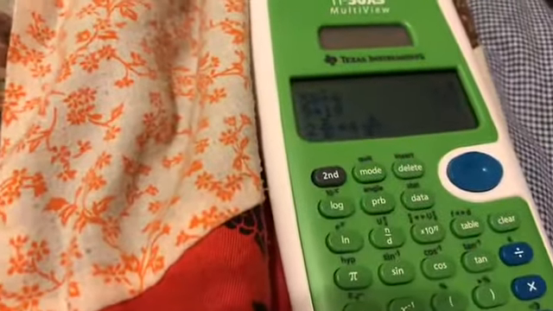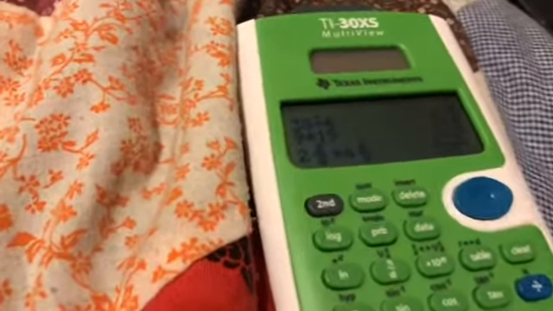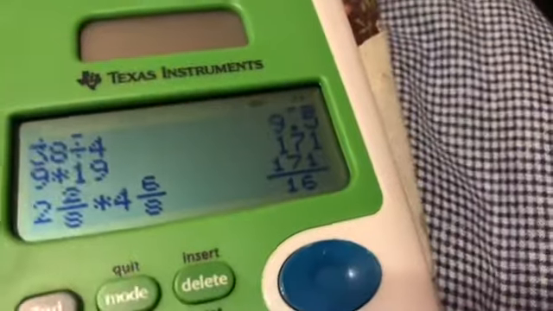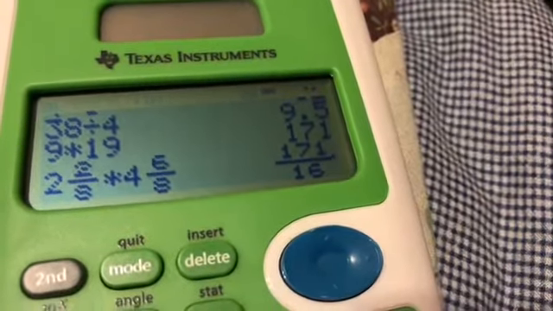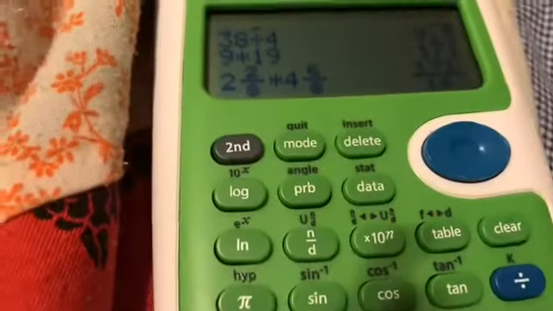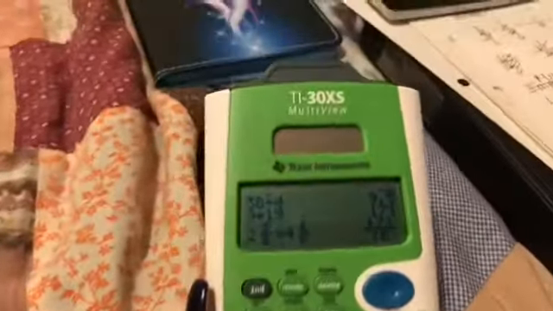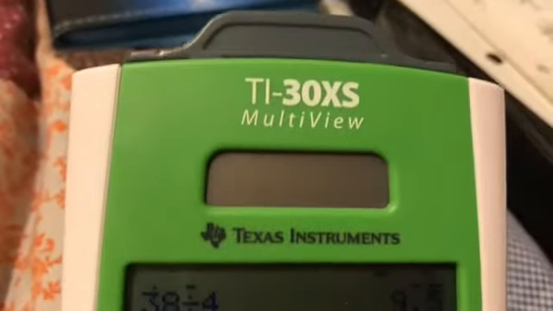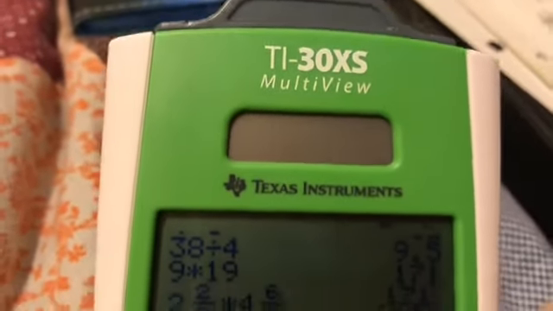Okay. And you got 171 over 16. See there? And that's how you check your problem. Now you will need a calculator that does fractions. And this is the calculator that I have. It does fractions for you.